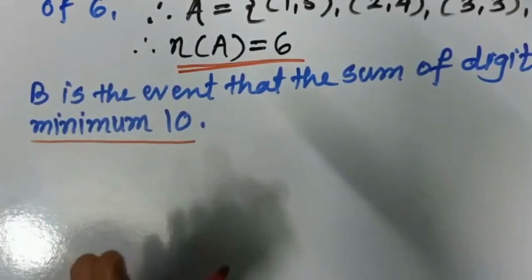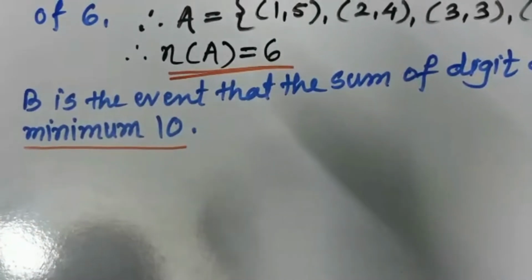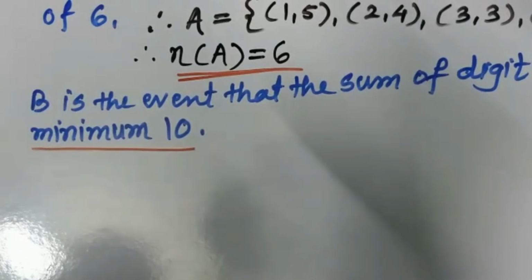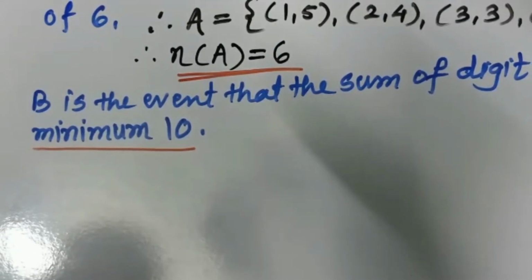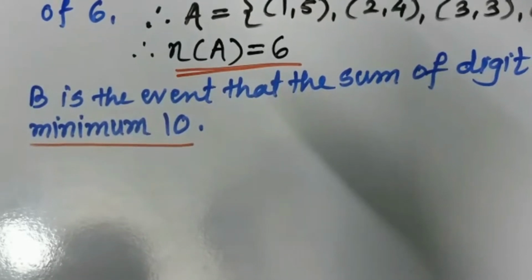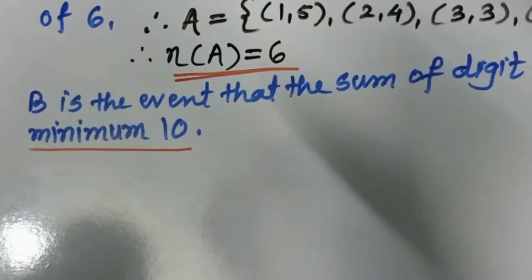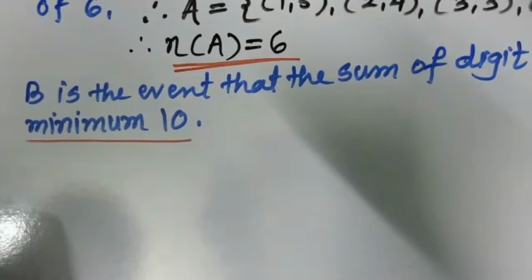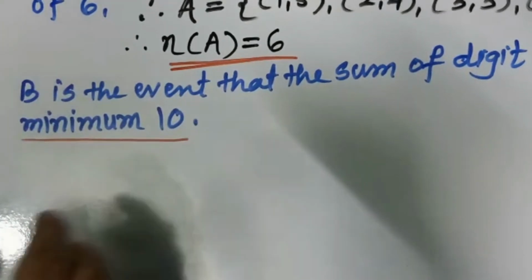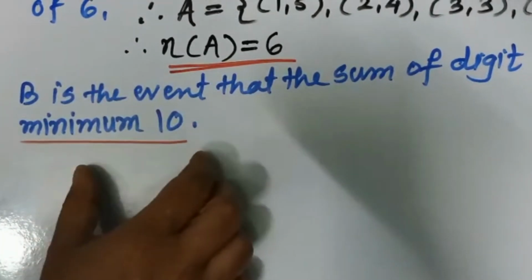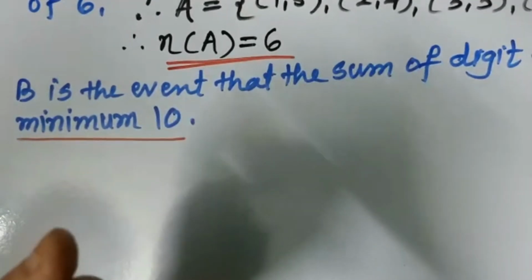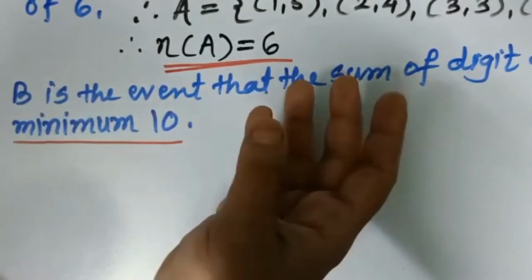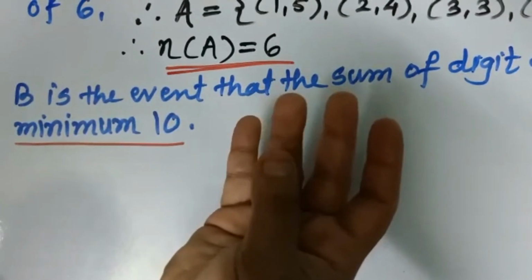So we have to take the digits whose sum is either 10, 11 or 12, because here the biggest sum is 12 only.